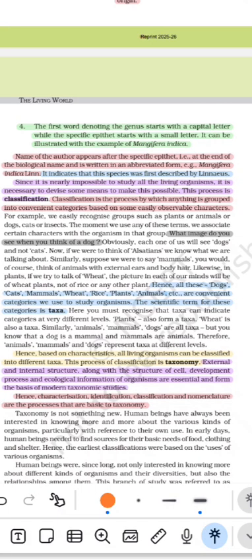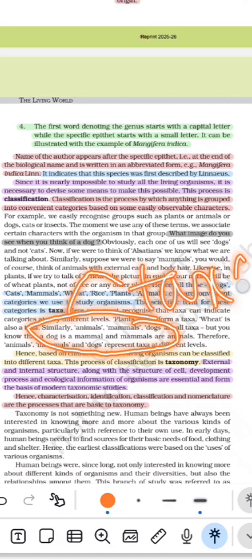Here you must recognize that taxa can indicate categories at different levels. Plants also form a taxa. Wheat is also a taxa. Similarly animals, mammals, dog, all of them are taxa.